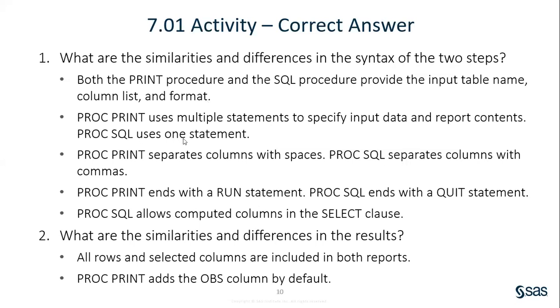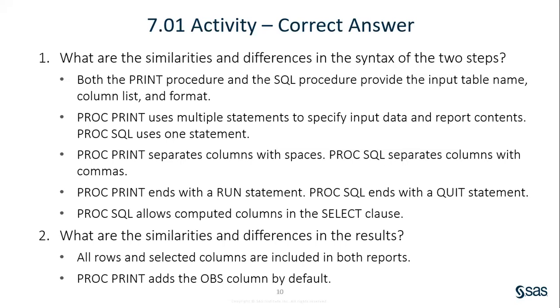So it's telling that both procedures, print and SQL, provide the input table name, column list, and format. Print uses multiple statements to specify input data and report contents. Proc SQL uses one statement. Print separates columns with spaces, whereas SQL separates columns with commas.